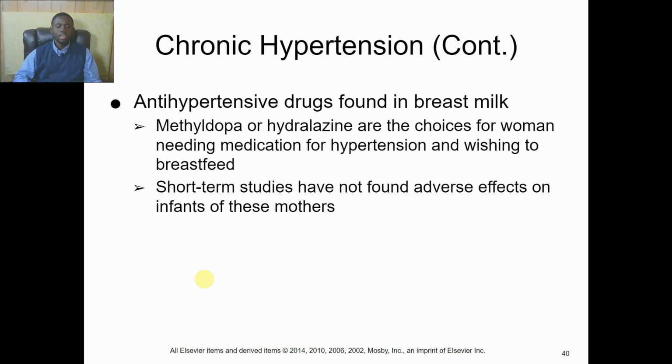And so the approved medications that are used during pregnancy are methyl-dopa or hydralazine, and these are the choices for women who need medication for the control of their hypertension, and especially if they are wanting to breastfeed. Short-term studies have not found any adverse effects on infants of these mothers if they use methyl-dopa or hydralazine.